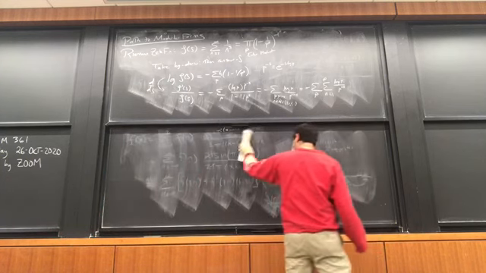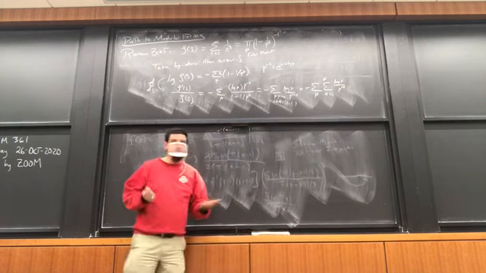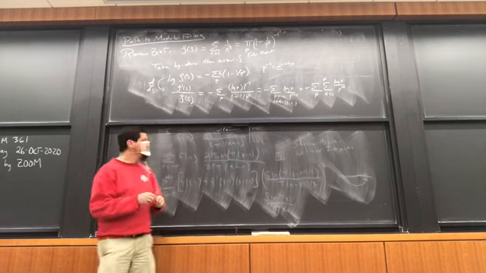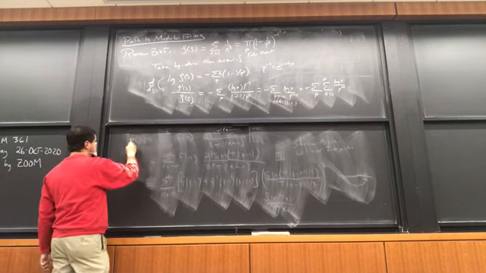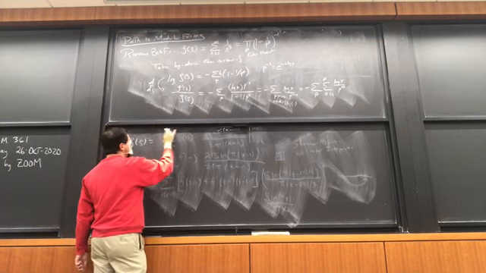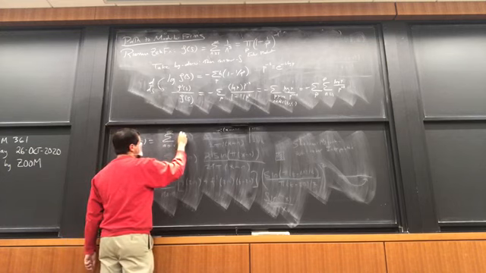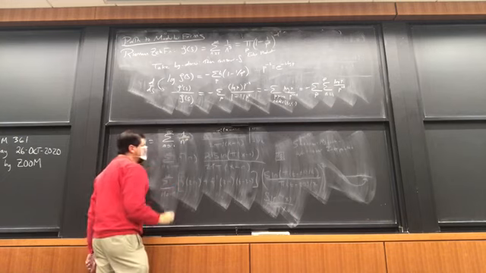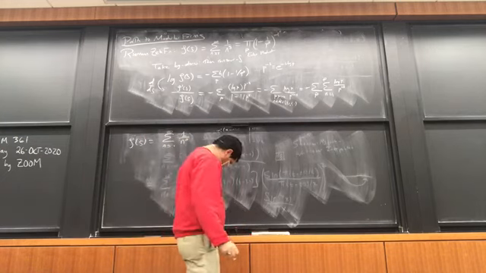So the question is, and this is one of the central questions of the course, how can we generalize what we're looking at? So we started with zeta of s is the sum as n goes from 1 to infinity of 1 over n to the s. How might you generalize this?